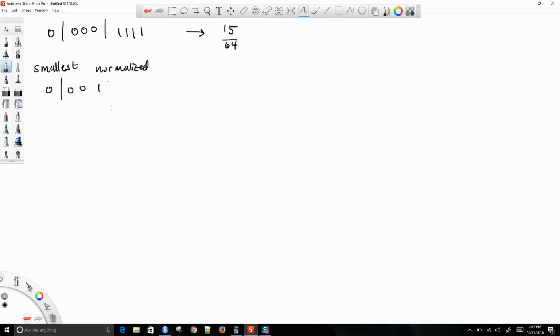We would have the smallest exponent we can have, and this would be all zeros, times 2 to the 1 minus 3. This is 1/4, or we can also say 16 out of 64. So naturally we're going to keep climbing this way. Is this okay?